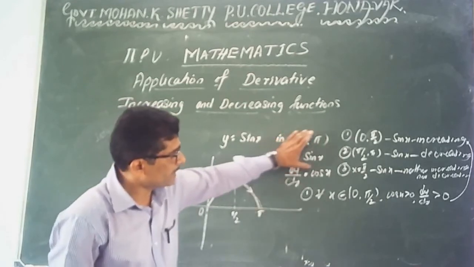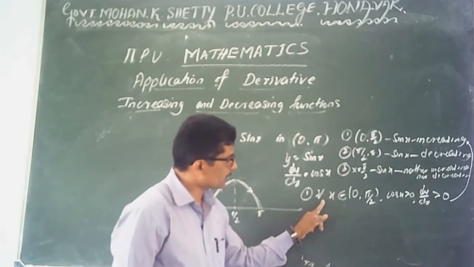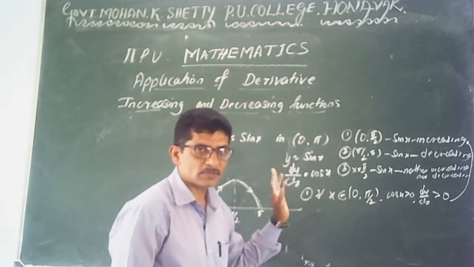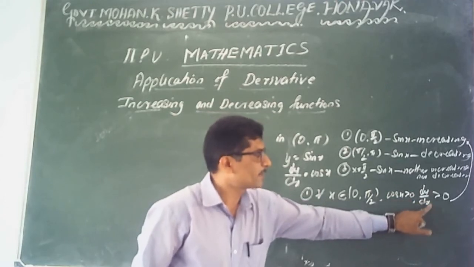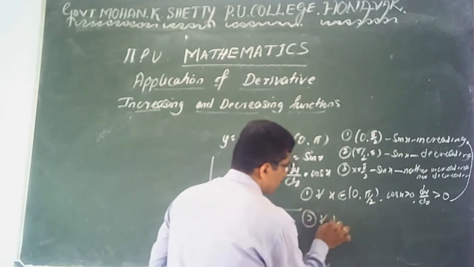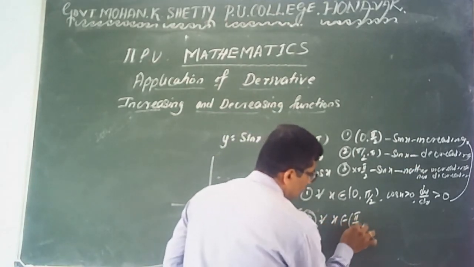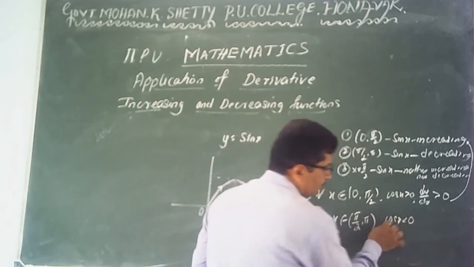This one is with the help of the figure, or geometrically. Using calculus, for each x belongs to the interval 0 to pi by 2, cos x is positive because it lies in the first quadrant, dy upon dx is positive, therefore increasing. The second case, for each x belongs to the interval pi by 2 to pi, cos x lies in the second quadrant and is negative.